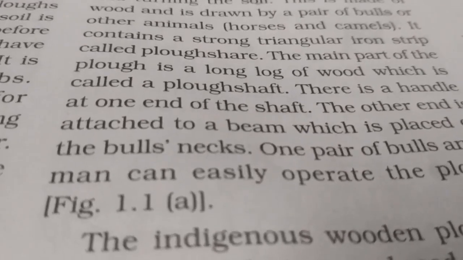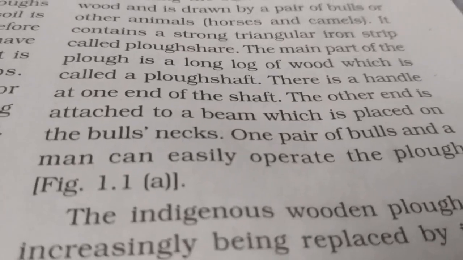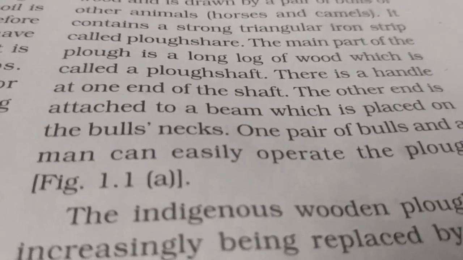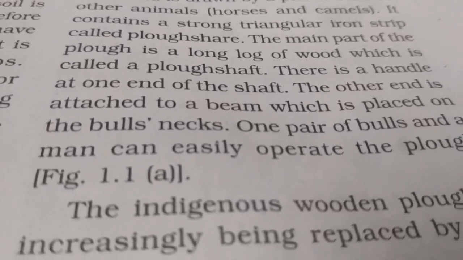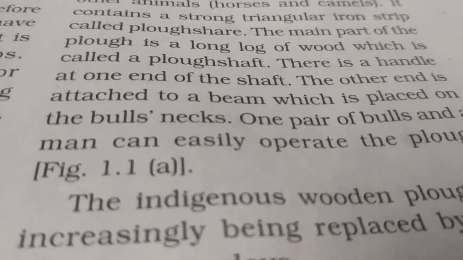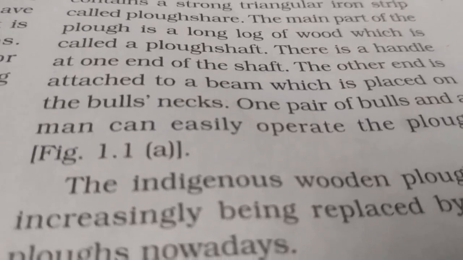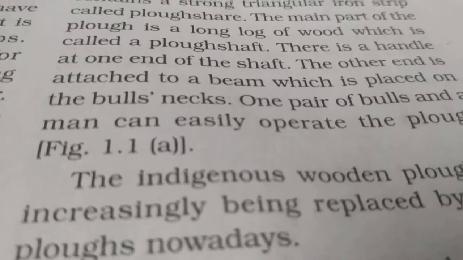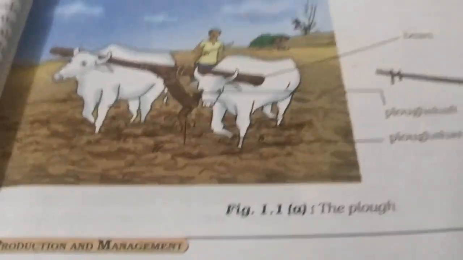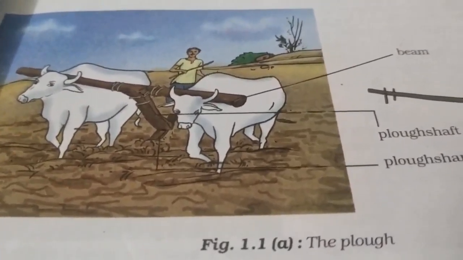One handle will be there at one end of the shaft, and the other end of the shaft is attached to the beam that is placed on the neck of the animals. So one pair of bulls and a man, these three can easily operate this tool, the plow. You can see the figure of the plow. This is the figure of the plow. It is drawn with the help of a pair of bulls and a man.